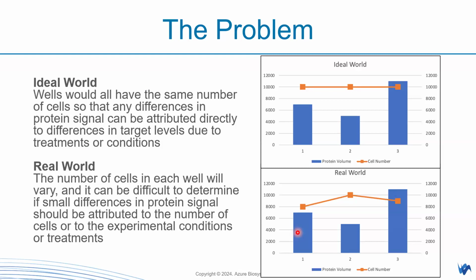This is something that we cannot negate. So you will see errors or expression changes depending on the number of cells. Sometimes we cannot really attribute the changes in protein signals: is it due to the number of cells, or is it due to the experimental conditions?